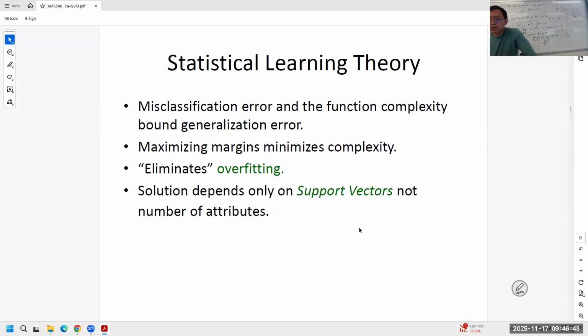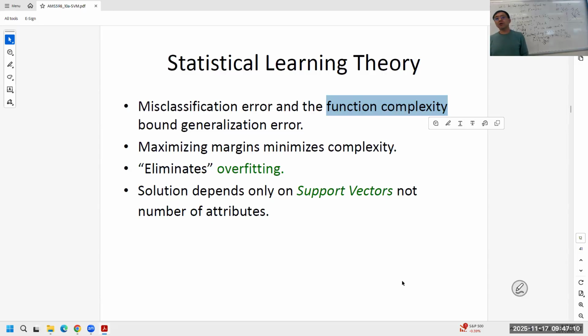In statistical learning theory, the misclassification error and the function complexity bound the generalization error. The more complex your separation function or model is, usually the higher the probability of overfitting.